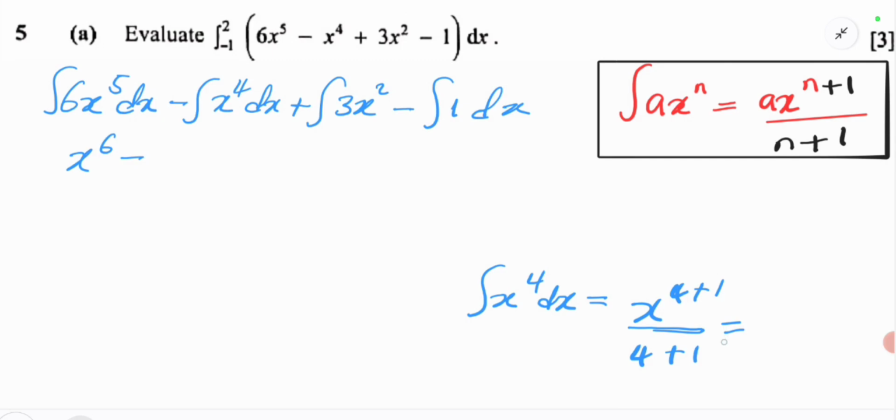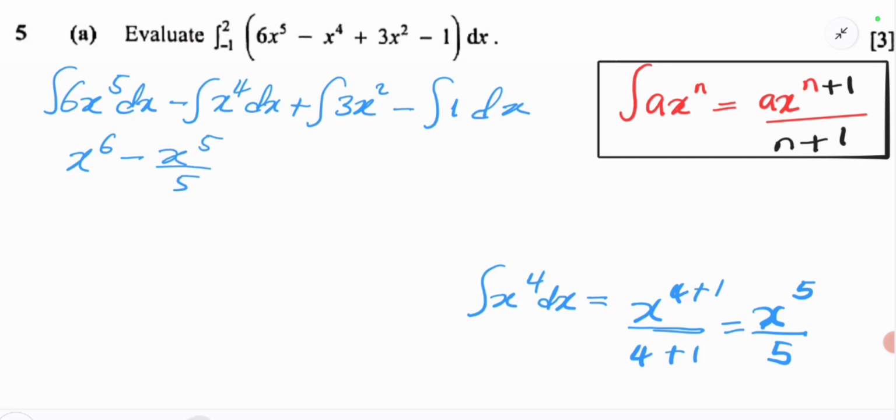So this will simplify to x to the power 5 over 5. Is there anything we can do to simplify this expression? No, so I'm just going to pick it as it is. So the integral of x to the power 4 dx is simply x to the power 5 over 5.